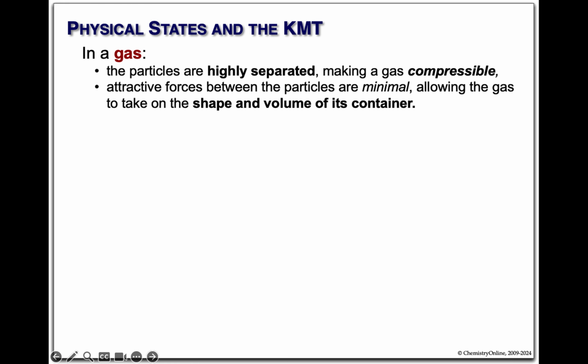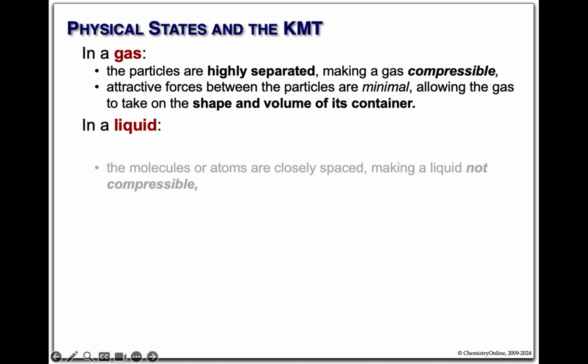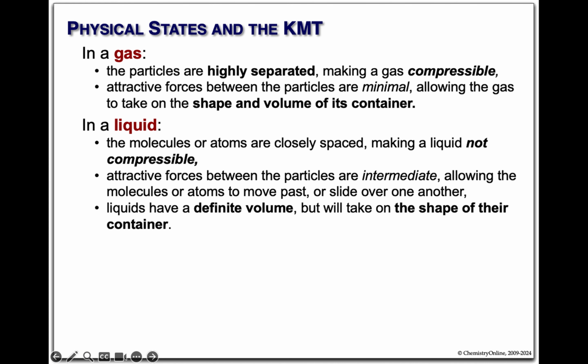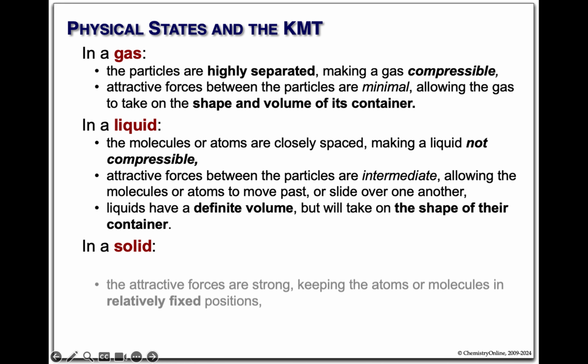That's gas pressure, that's chapter 9. In a liquid, we have enough energy to make them flow, but we can't break the bonds between them. So it's not compressible, but it will take on the shape of its container. And a solid is just a lump, just simply sitting there.